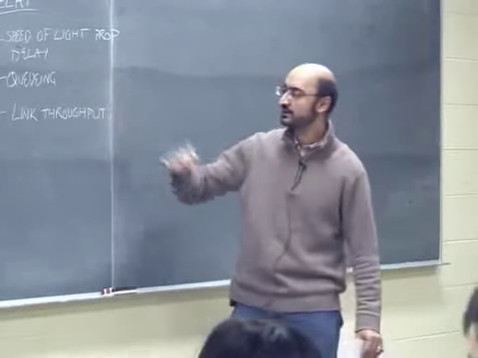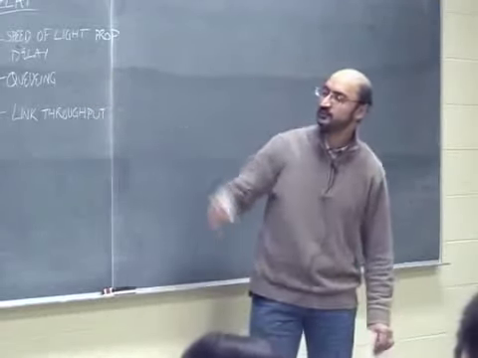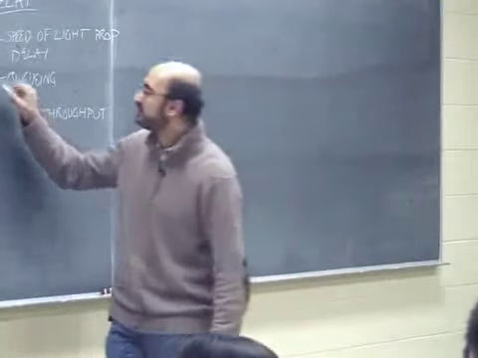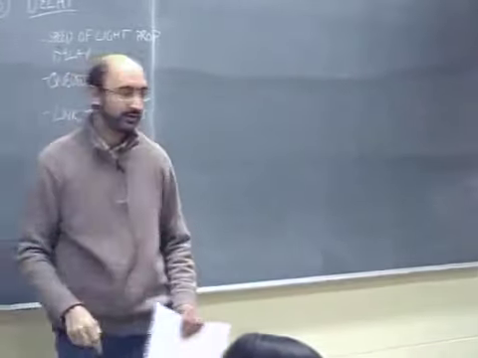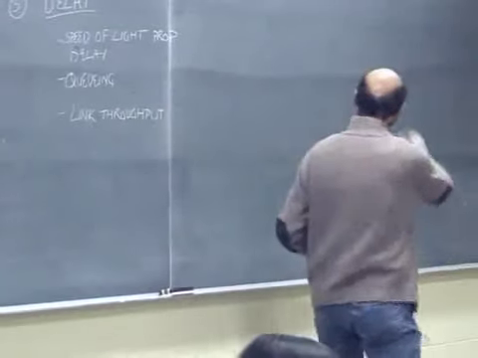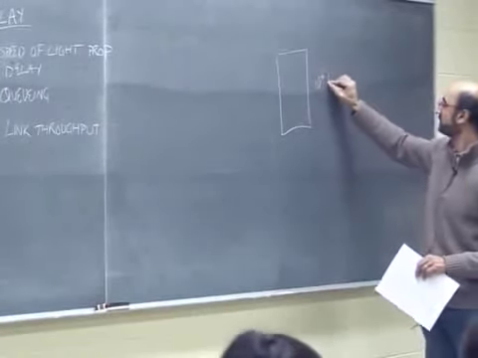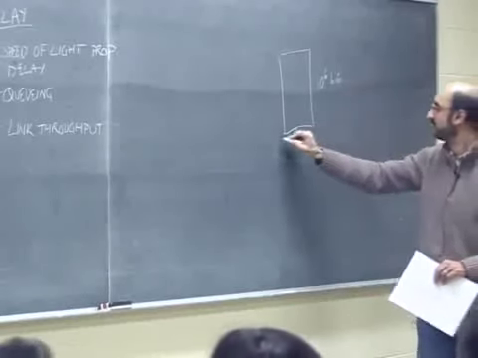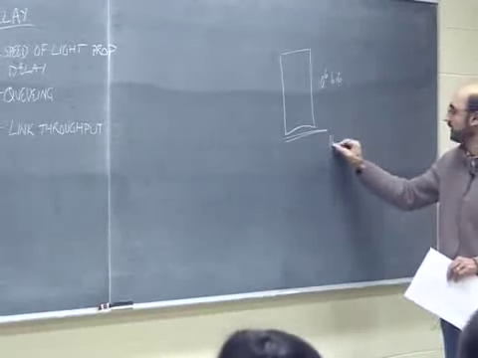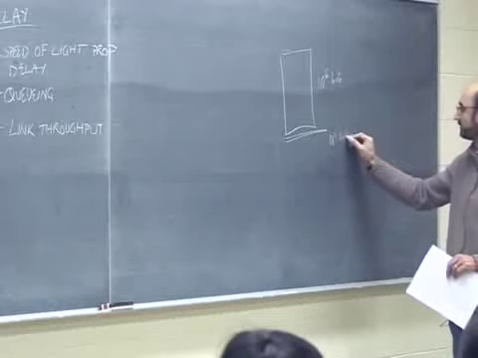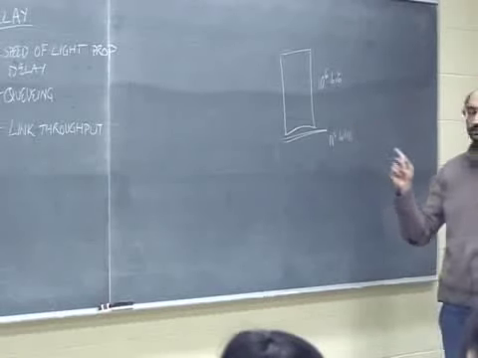But then you have another thing called the link throughput. What the link throughput has to do is this funny coupling between delay and throughput. Let's say I have a large file to send, and the file is 10^6 bits. And I'm sending it on a link which has 10^3 bits per second as its capacity, 1 kilobit per second.